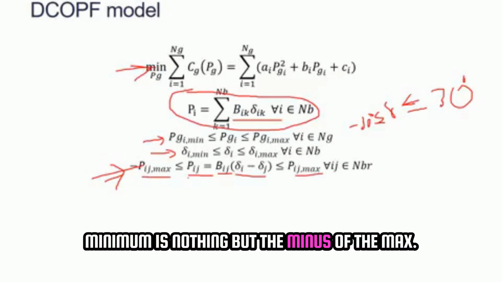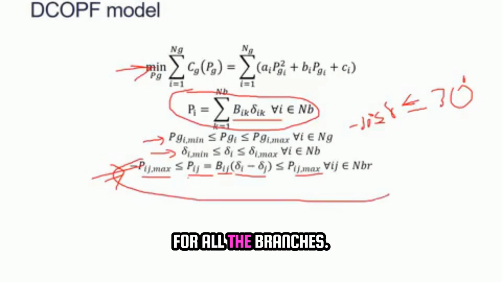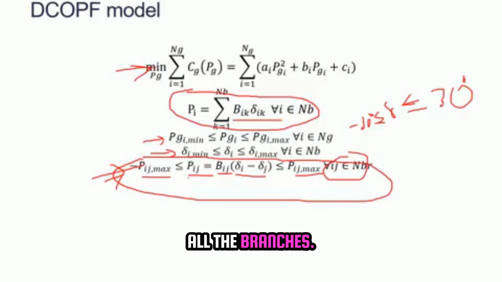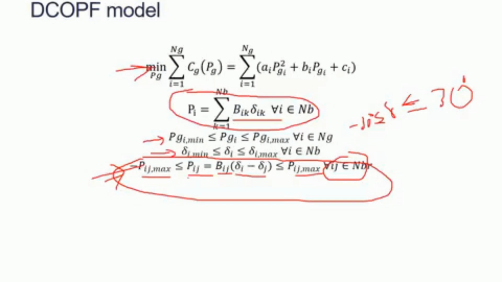Minimum is nothing but the minus of the max. So you have to implement this for all ij belonging to the branches, so all the branches.